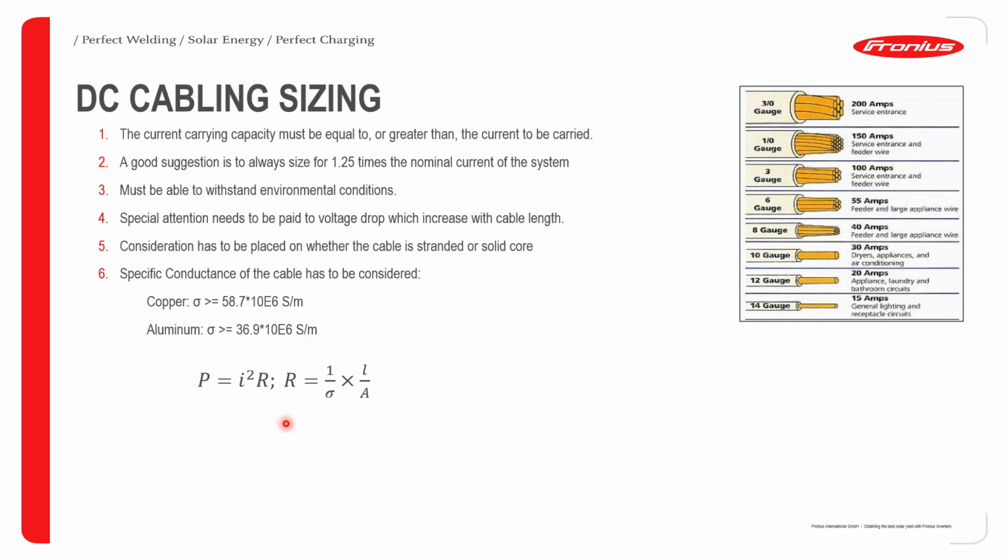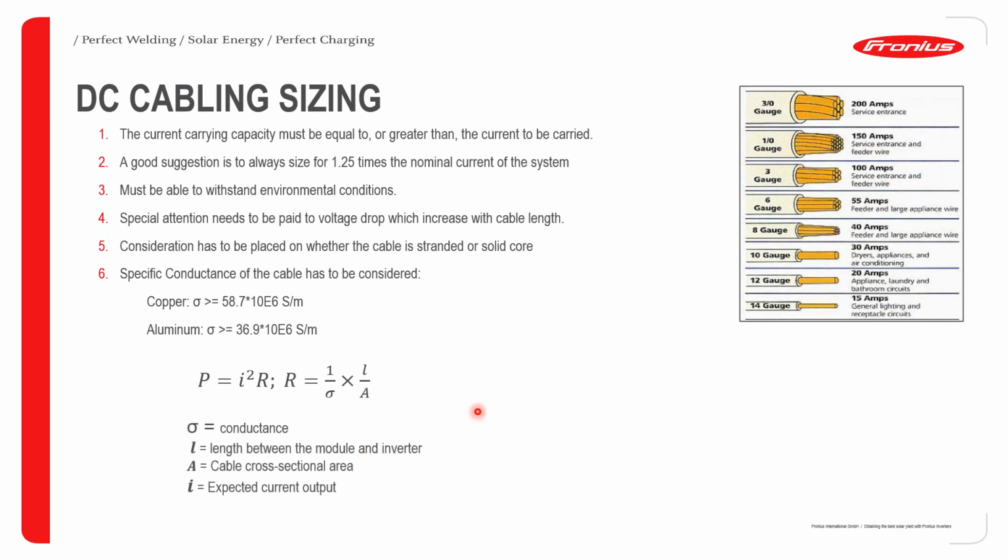Power loss can be calculated by this particular relation, which is I squared R. R, the resistance, is given by the inverse of the conductance multiplied by the length, where the length here refers to the length between the module and the inverter, divided by the cross-sectional area of the cable in question.